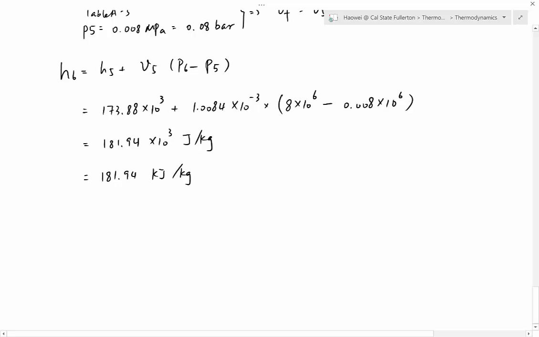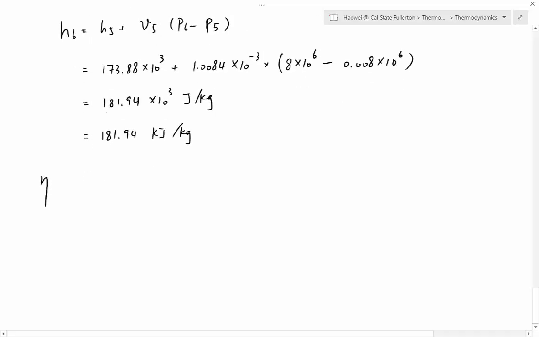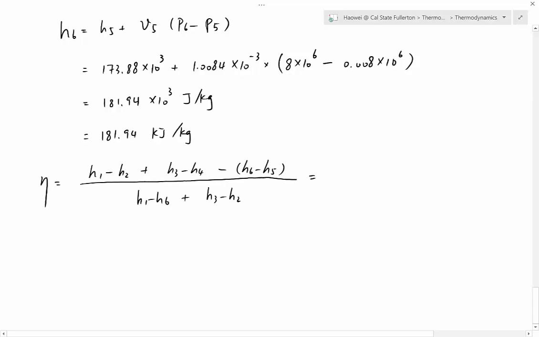So now we're done. We found the enthalpy of every single point. Efficiency can be easily calculated. The equation we derived earlier is H1 minus H2 plus H3 minus H4 minus H6 minus H5, divided by H1 minus H6 plus H3 minus H2. So you can just plug in all 6 enthalpies and make sure you use the same unit, which is kilojoule per kilogram, because they will cancel.